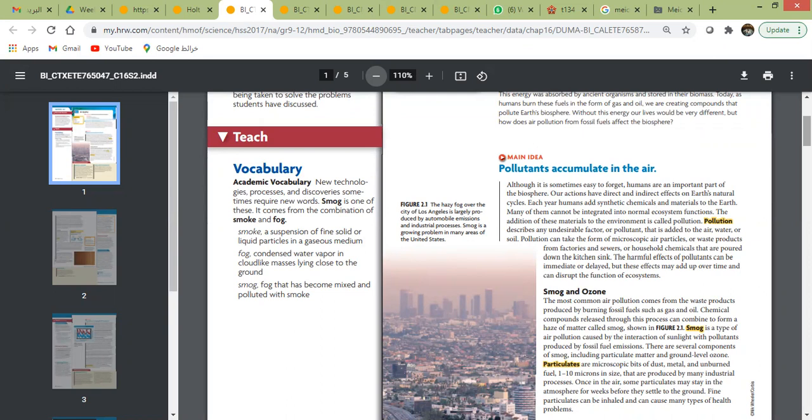Now, fossil fuels must be burned to produce energy, and burning them emits many chemicals and materials into the earth's atmosphere, or into the earth's water, as a product. This will cause pollution.